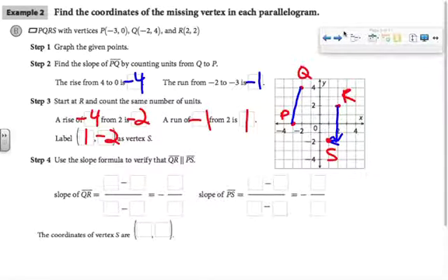And now in step 4, we're going to confirm that QR is in fact parallel to PS. So QR, that's these 2 points, that slope will be 2 minus 4 over 2 minus -2. That's -2 over +4, which reduces to -1/2.